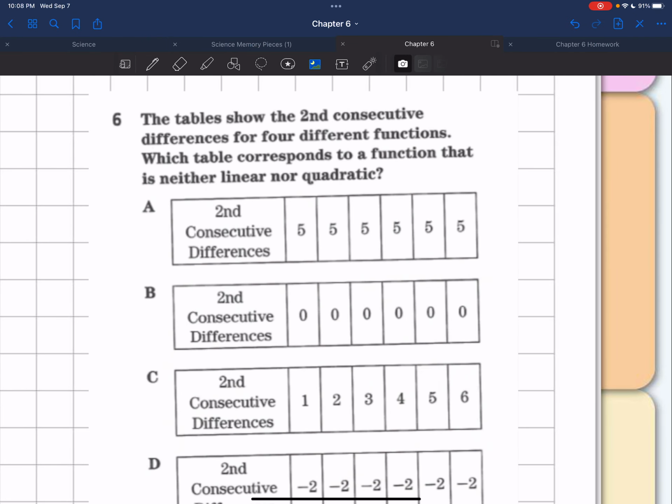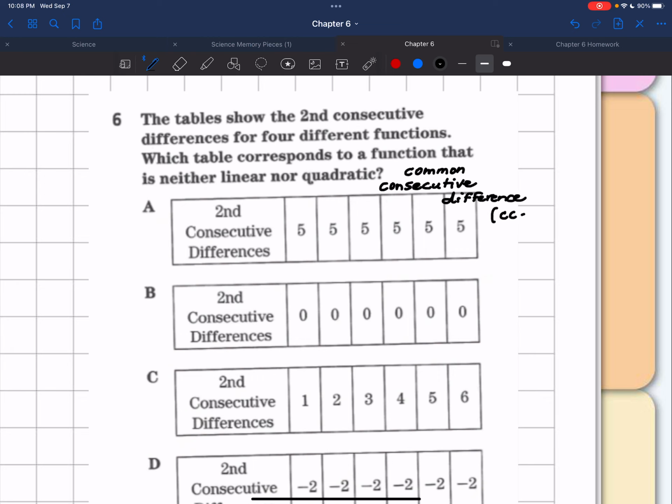Okay, so let's look. This time they've just done the work for us. We don't have to draw the table out. So at the second level, you have common consecutive difference. I'm going to abbreviate that as CCD.